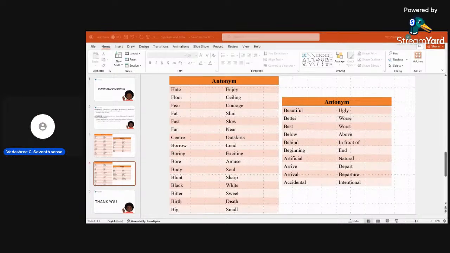Which group? I don't know how to share. Private chat.